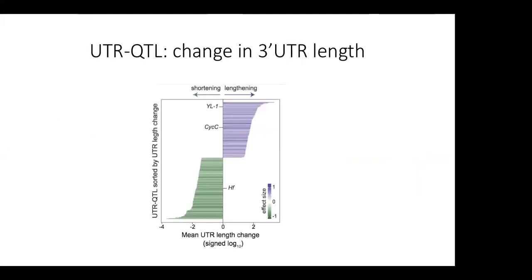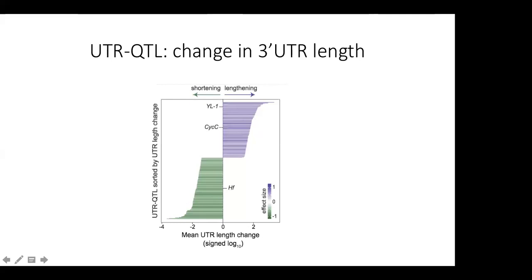There are UTR QTLs that increase the length of the 3' UTR, and there are UTR QTLs that decrease it. You can see this in this plot, where in purple you see the lengthening, and in green the shortening of the 3' UTR.